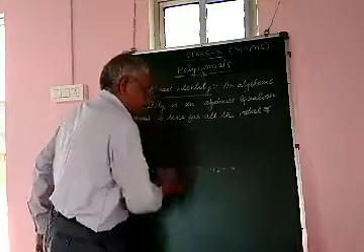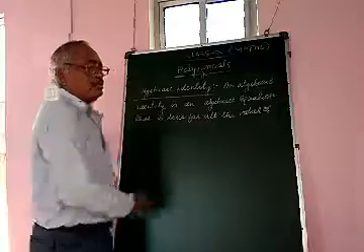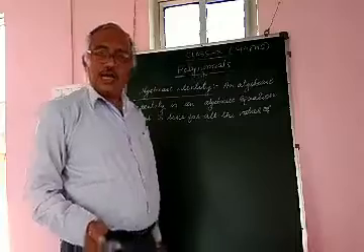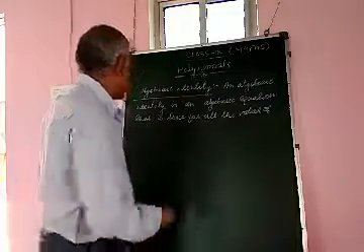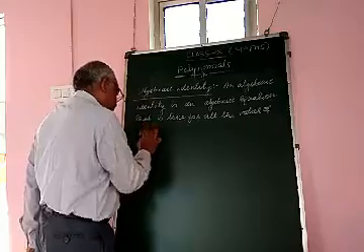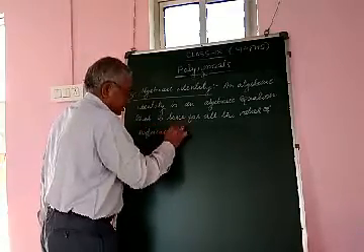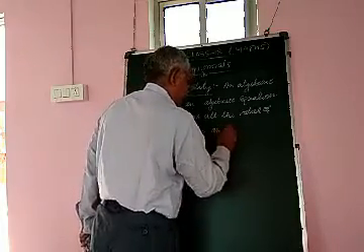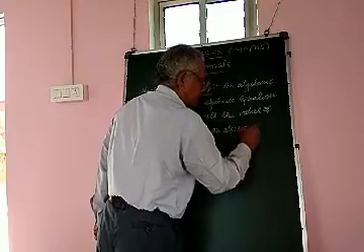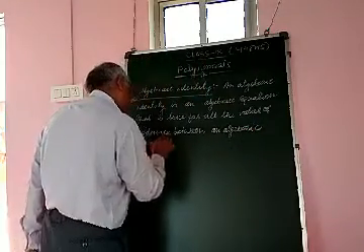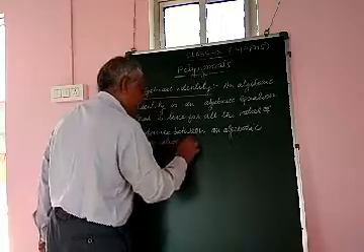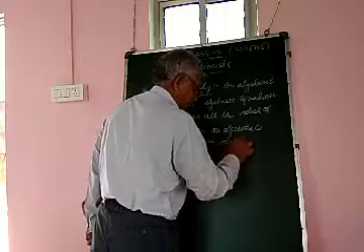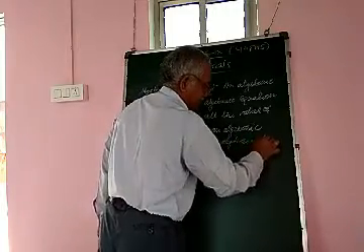Now, what is the difference between an algebraic equation and an algebraic identity?